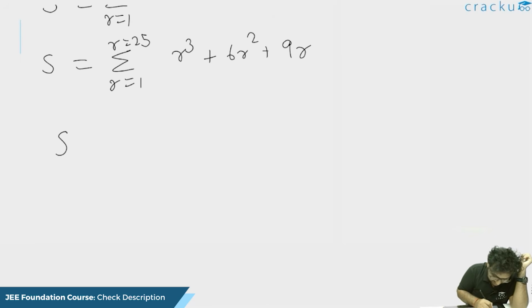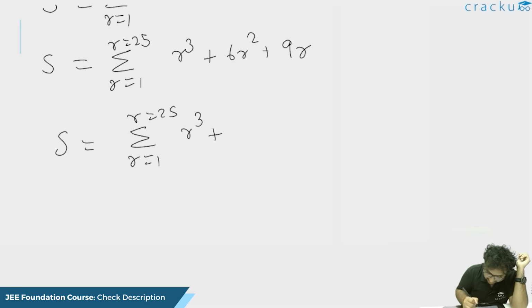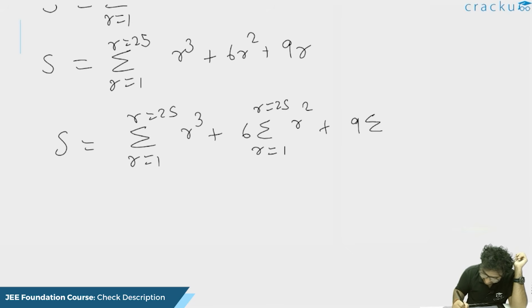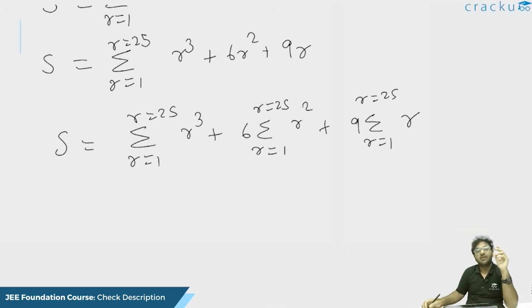So this is S equal to sigma r equal to 1 to 25, r cube plus 6 into sigma r square plus 9 into sigma r. Now I know sum of first n terms is n into n plus 1 by 2.